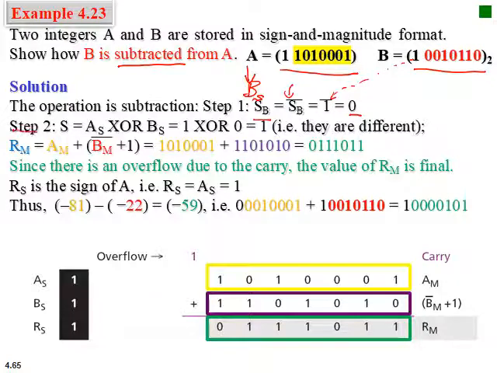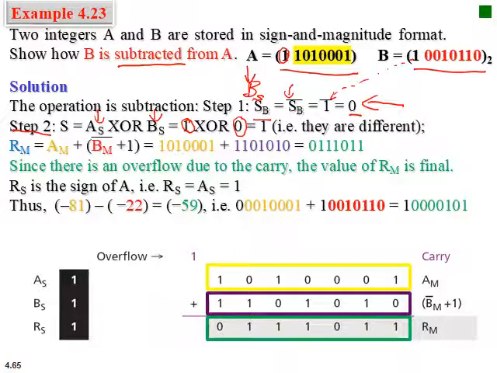Alright, step 2, the next step was to get the XOR of the sign of A and the sign of B. We know now the sign for A is 1 over there, and the sign for B we changed over there, so the sign for B is now 0.